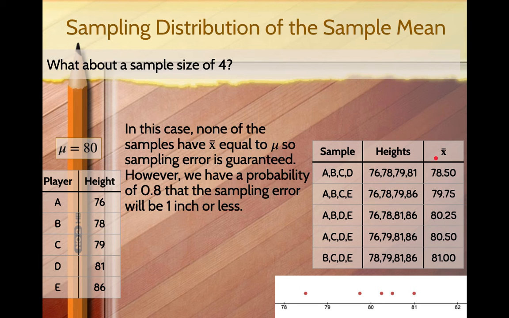But 4 of those 5 samples are within 1 inch of 80. So we would have a probability of 0.8 that we're within 1 inch of the actual mean value.